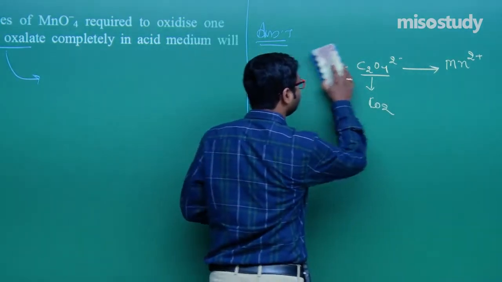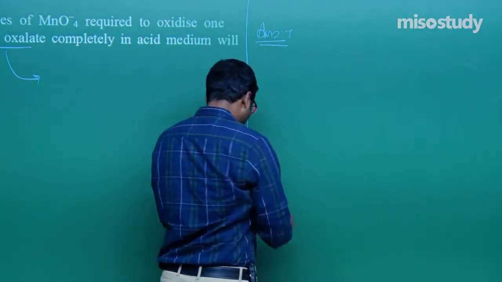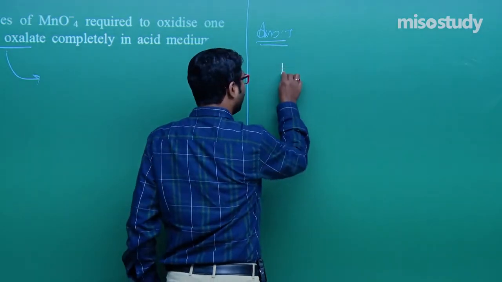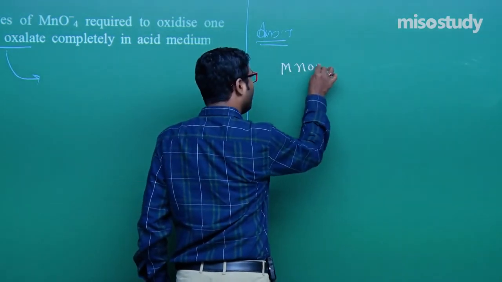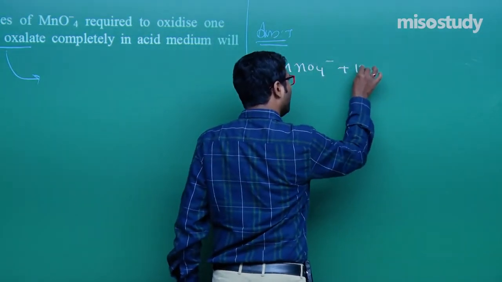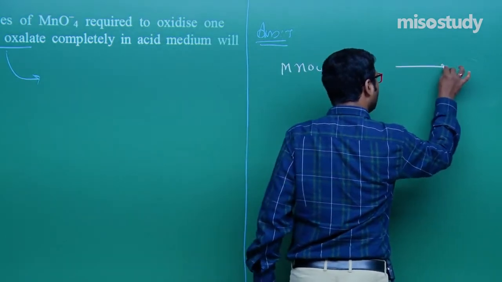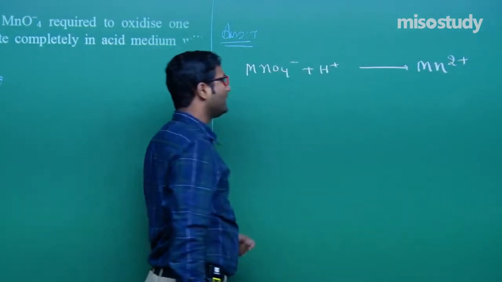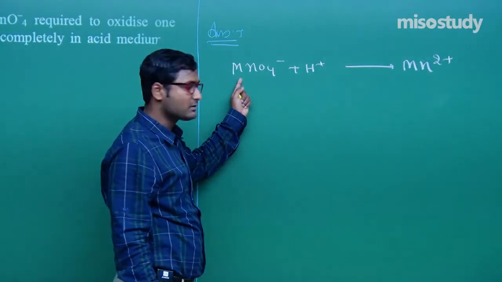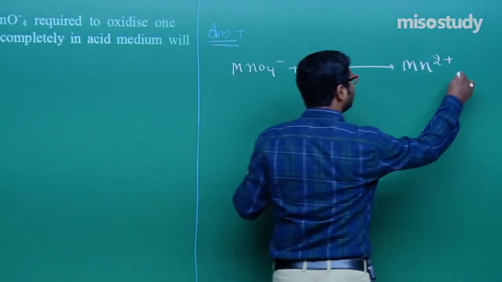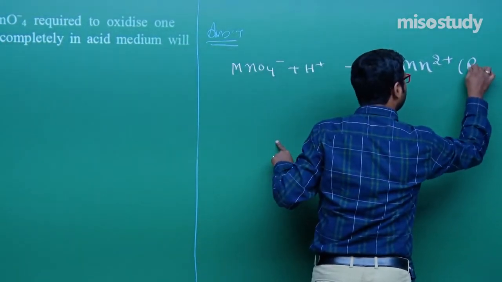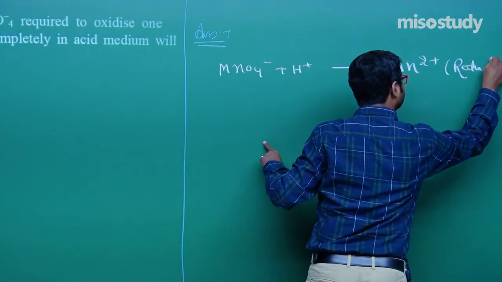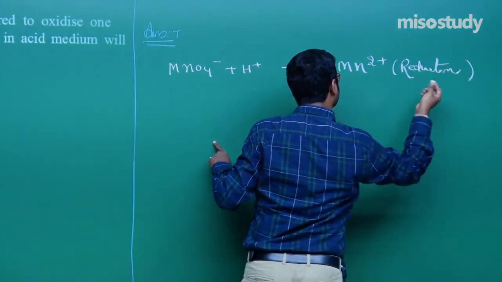Listen carefully. What will happen during the reaction? MnO4 minus will be converted to Mn2 plus. Clear? Here Mn is in plus 7 oxidation state and this is plus 2, that is the reduction half reaction. Clear? Reduction half reaction.